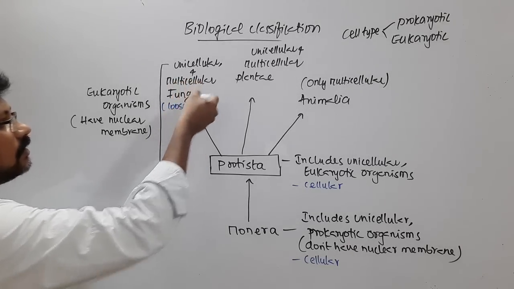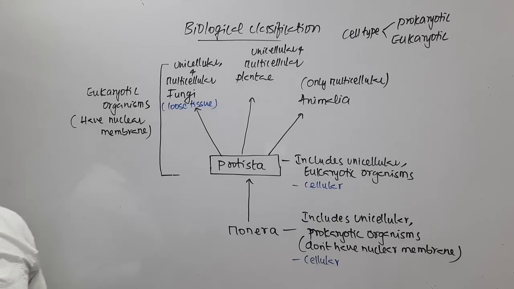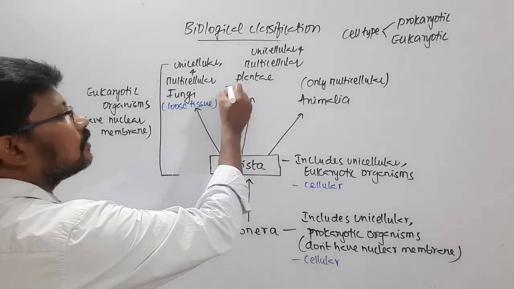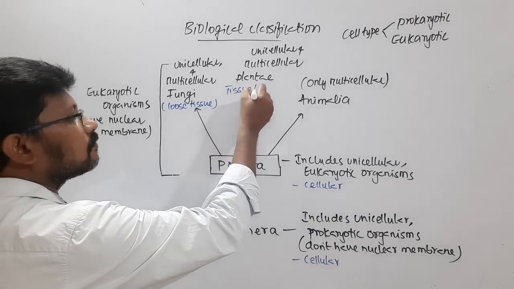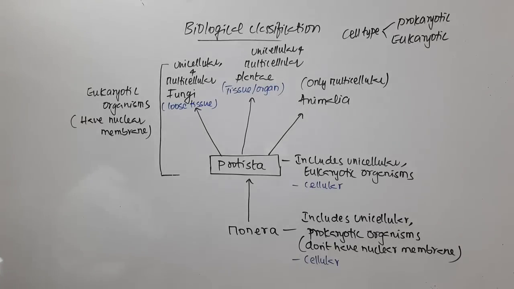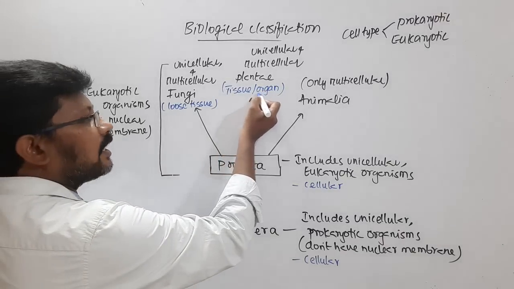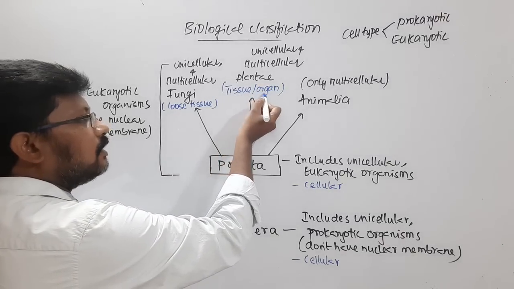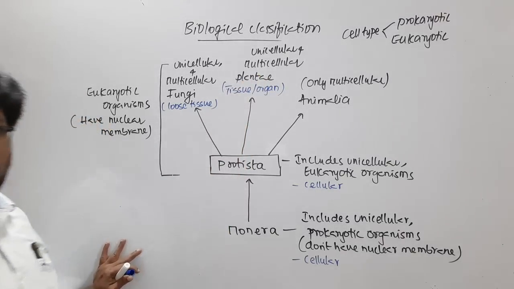So multicellular or loose tissue is the body organization in the case of Fungi. And coming to Plantae, they will have tissues and organs, so the body organization goes up to the organ level. Tissue level and organ level you will see in the case of plants.